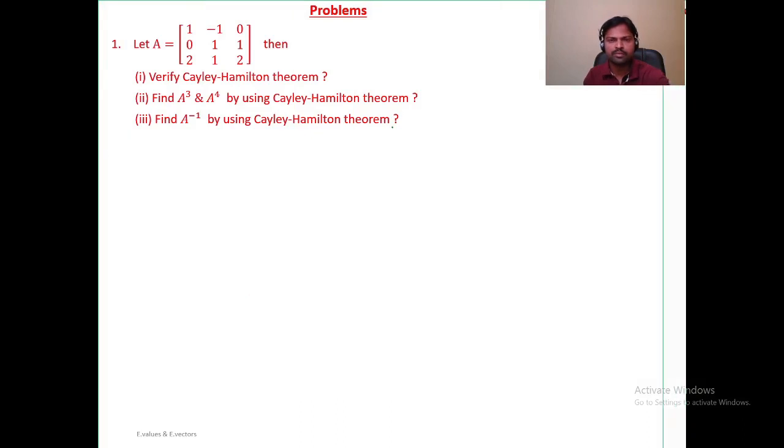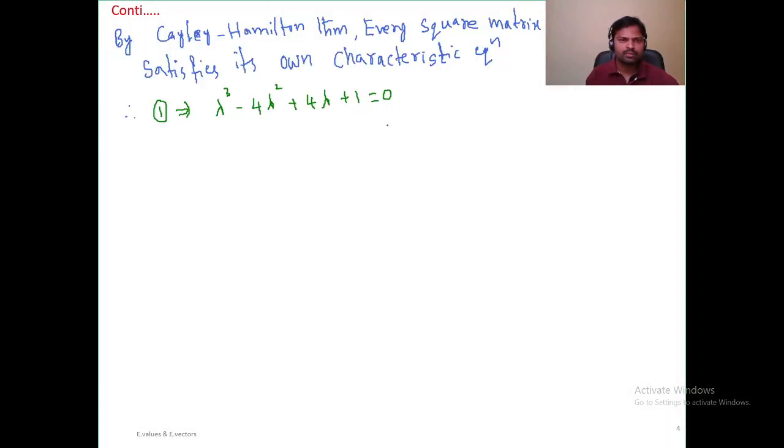Yeah, absolutely. So according to the theorem, what we want, A raised 3, right, instead of lambda we are putting back A, minus 4 A raised 2 plus 4 times A plus, here what I need to write, this 1 is like 1 into I, right?